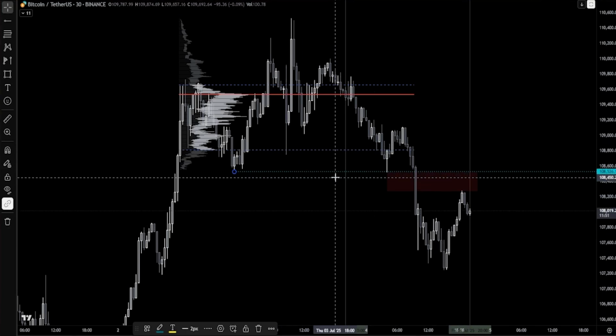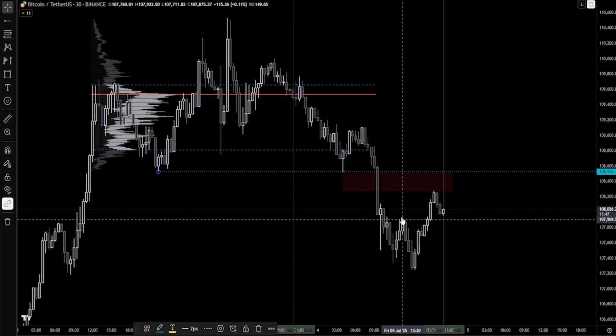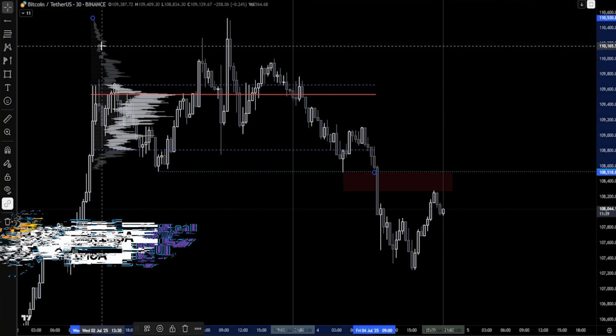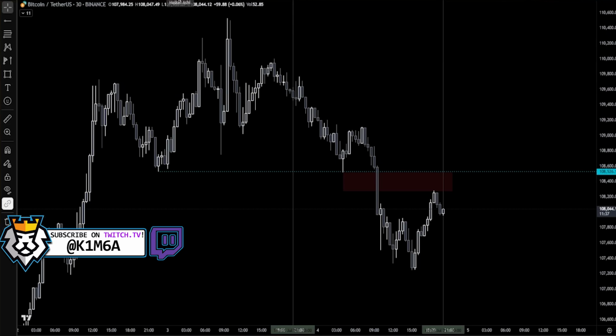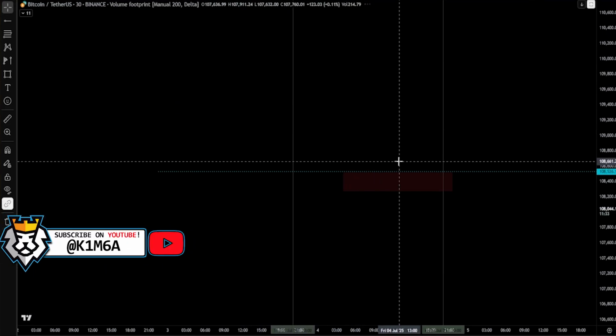So, you know, that's an area of volume, but on that breakdown, ooh, I'll keep that out. I'm gonna get rid of this though. We're gonna look at the candle that formed it. And hopefully it works.